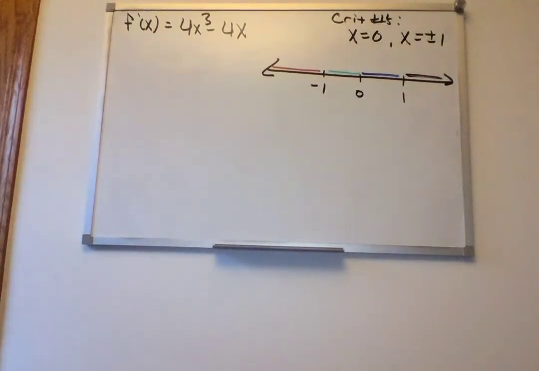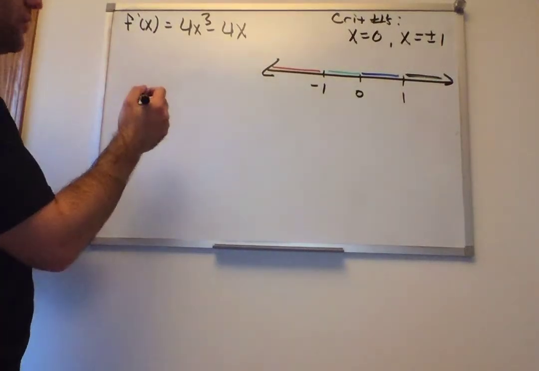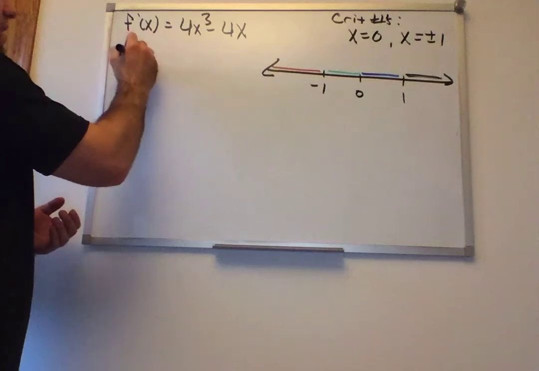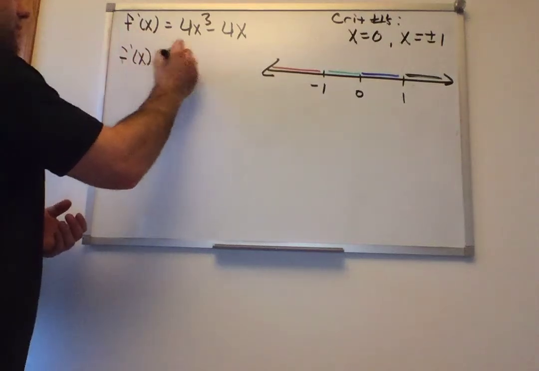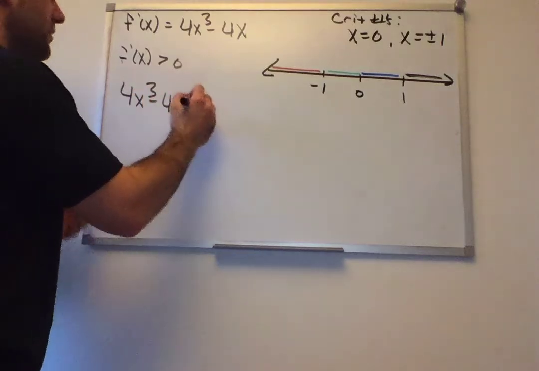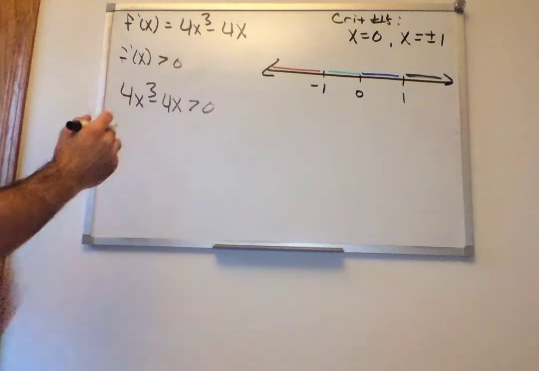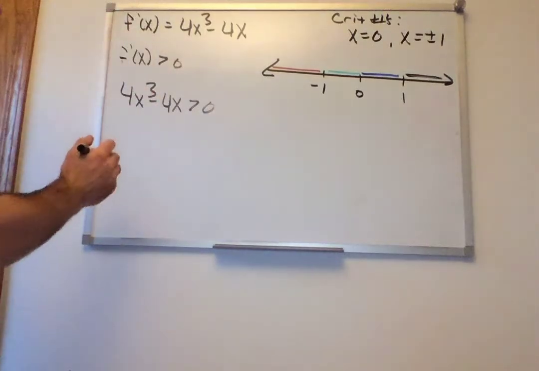So, it doesn't matter how you go about it. Let's find the increasing intervals. So, f prime of x is greater than 0. 4x cubed minus 4x is greater than 0. Now, we really want the factored form because we could easily plug numbers in.